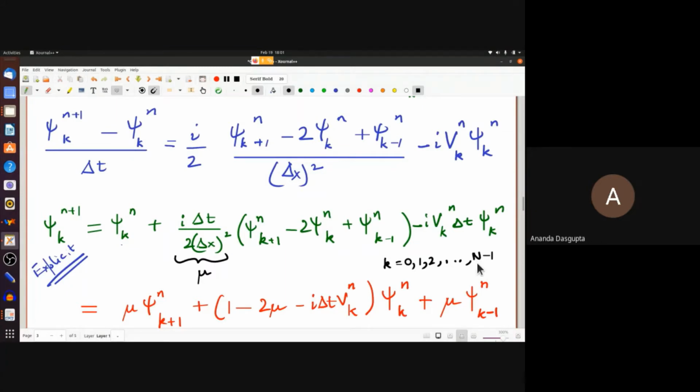Similarly, for k equal to n minus 1, which is the largest possible k, I will need psi small n capital N. There is no capital N in my index. If I just did it blindly, I will get an out of range index error in NumPy. But more importantly, those terms don't exist.